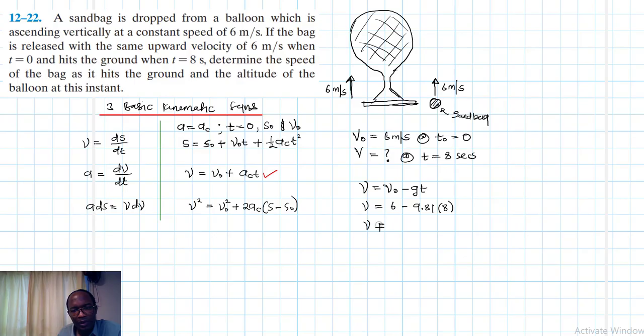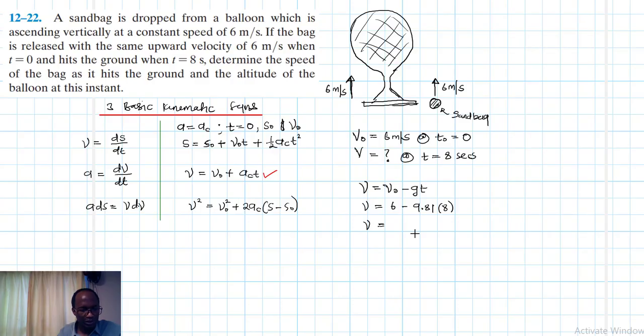Therefore, our v final at the instant the bag is about to hit the ground is 6 minus 9.81 times 8. What do we have?